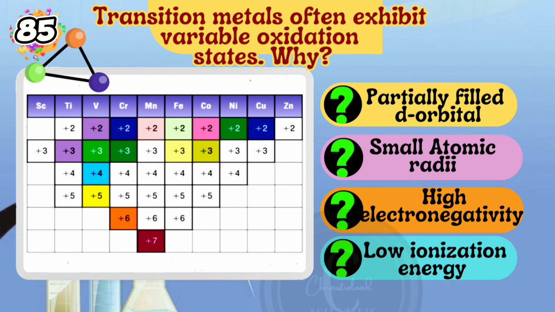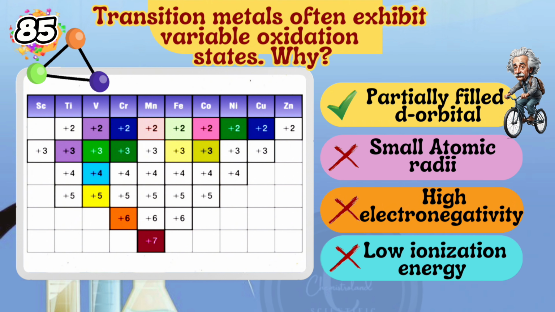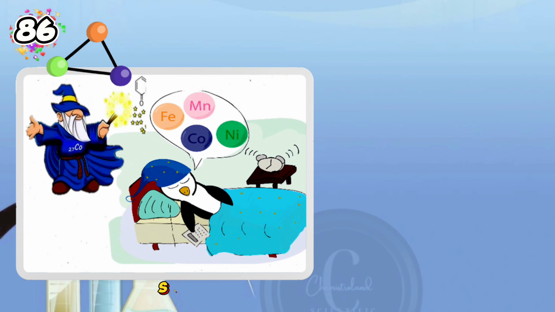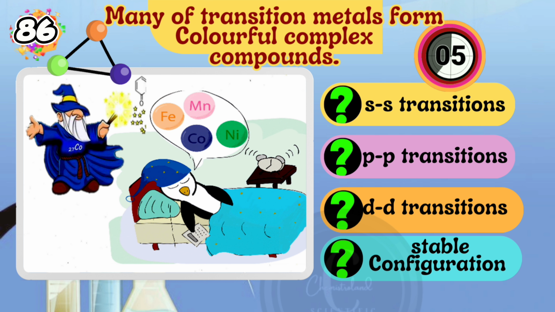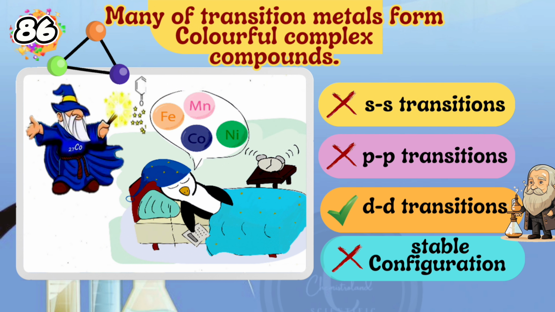Transition metals often exhibit variable oxidation states. Partially filled d orbital. Many of transition metals form colorful, complex compounds. D transitions.